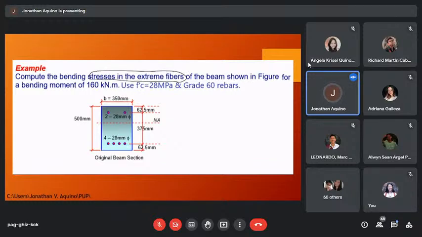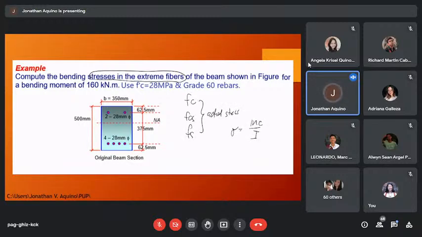So, any stress, FC actual, FCS, and FS. So, lahat yung actual stresses. Okay, by stress is equal to MC over I.